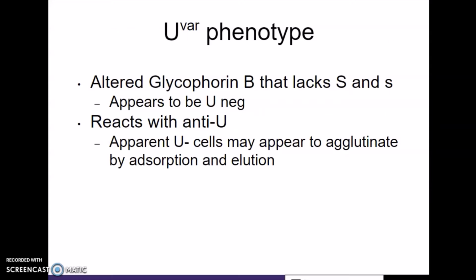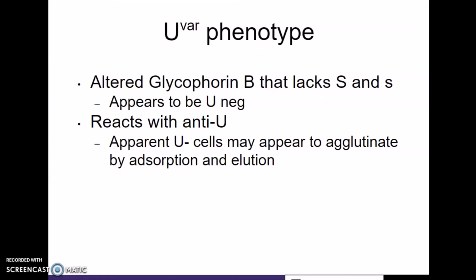The U-var phenotype comes from an apparent lack of U antigen. The altered glycophorin B lacks big S and little s, which makes it seem that U-neg is not present, because if you remember, any glycophorin B that has big S or little s on it is going to be positive for that U antigen. So when both big S and little s are gone, it appears to be U-neg.